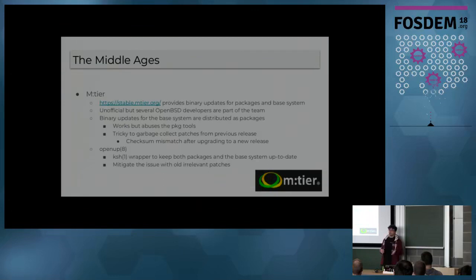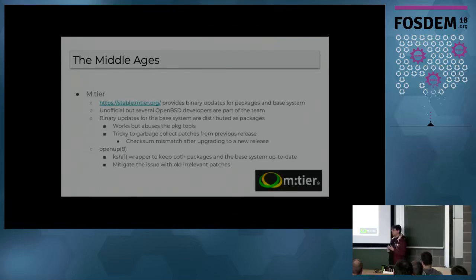Let's say, for example, you upgrade libcrypto using a patch, then the package tool framework will record the checksum of the binary. When you later upgrade to the new release, the package will still be installed, but of course the library will have changed. So there were all kinds of things like that that were not really nice, I would say.